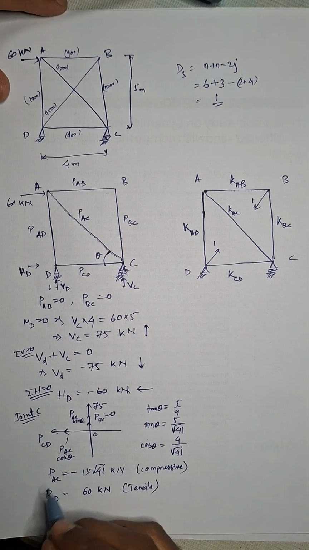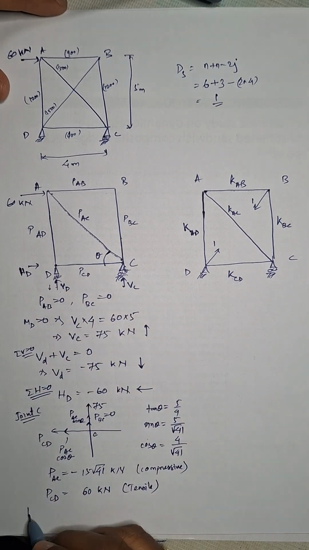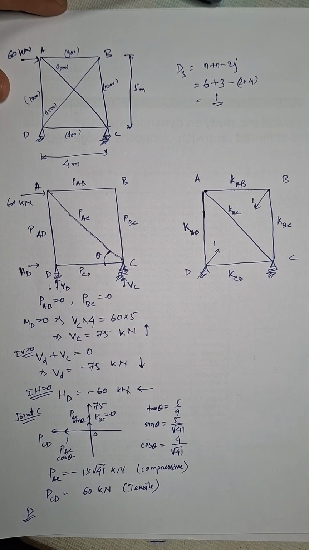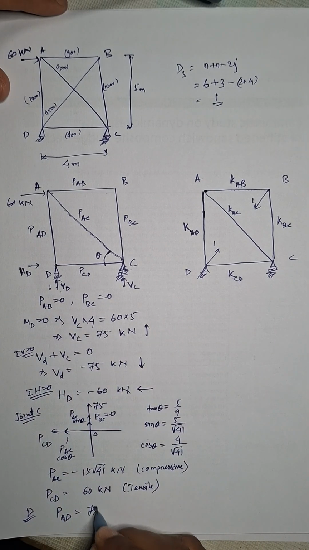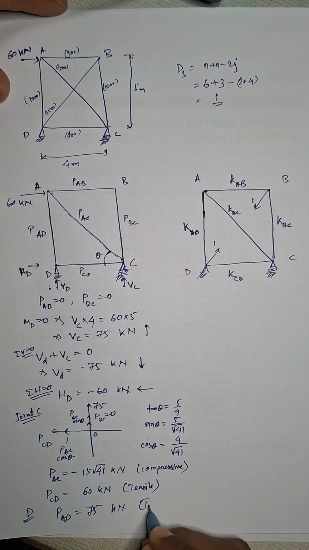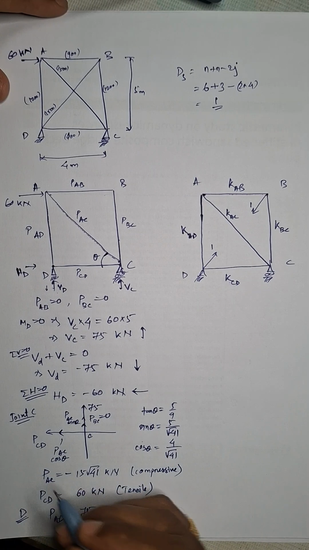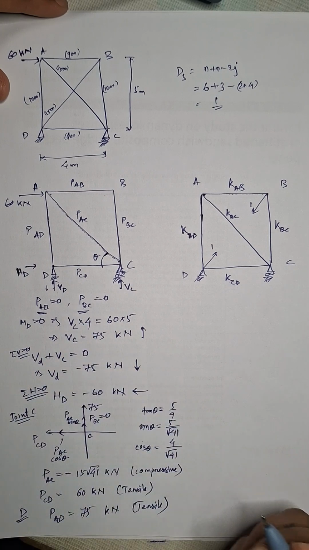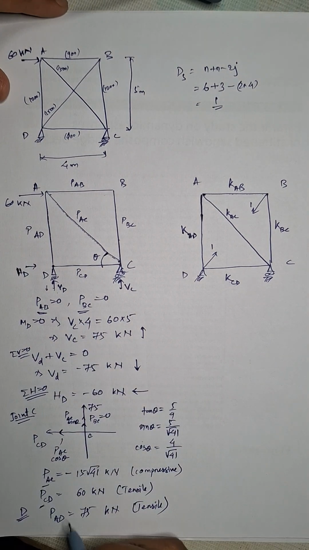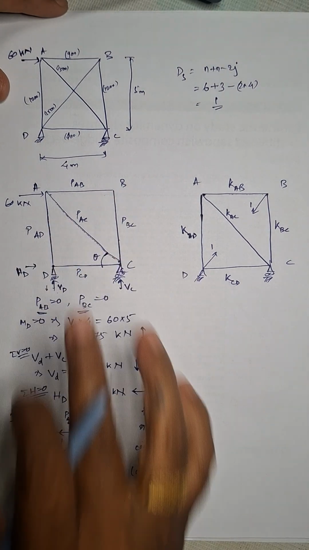So by taking joint D, we can get the value of PAD. PAD will be equal to 75 kilonewton, which will come tensile in nature. So we now got all the member forces: PAB is 0, PBC is 0, and PAC, PCD and PAD, all the 5 member forces.